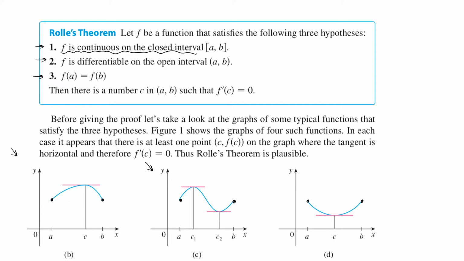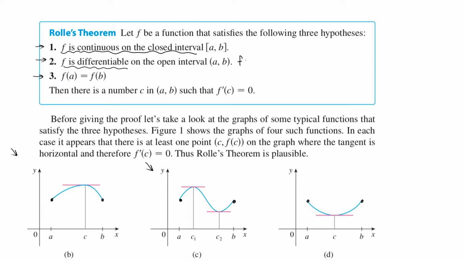Now, the second thing is f is differentiable in the open interval a and b. It means you can take the derivative of the function, which means that you must have a smooth curve instead of sharp turns.